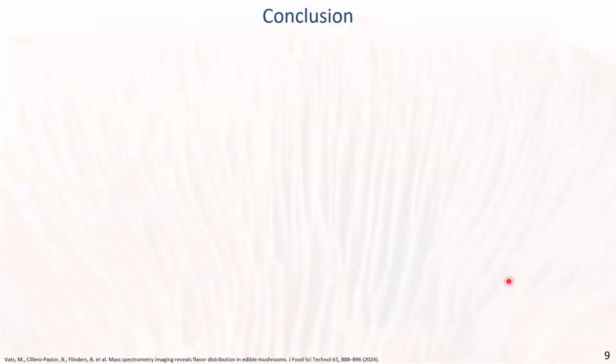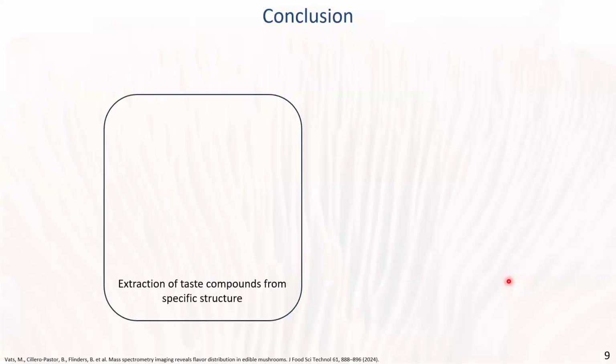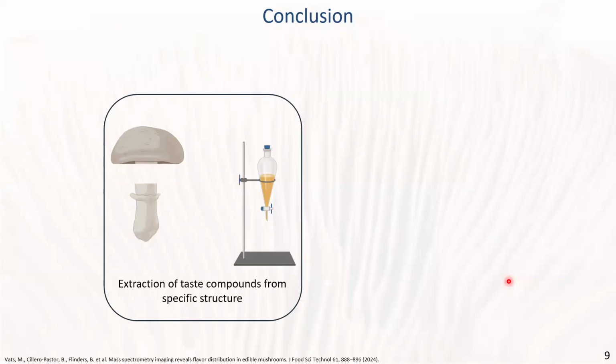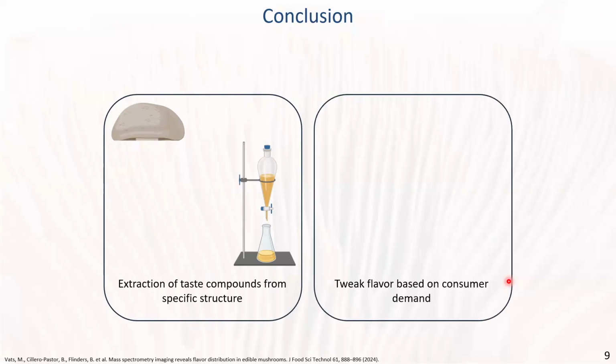Now, we aim to help food industries in extracting these taste compounds from particular structures. And there are already companies, and some of them are in touch with us, not preferring chemically derived taste molecules, but to use such options as mushrooms to extract taste compounds.